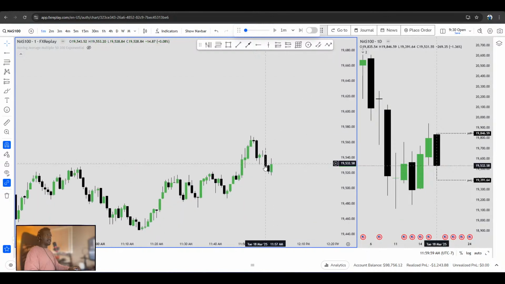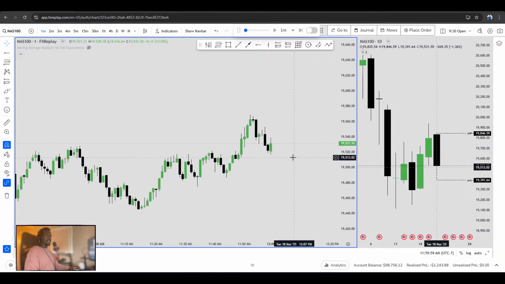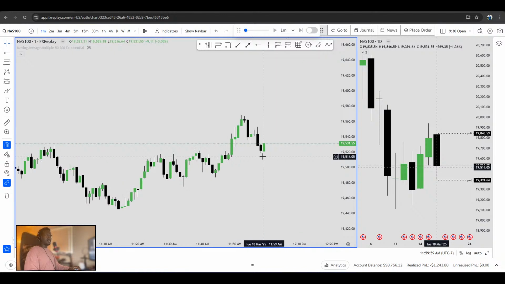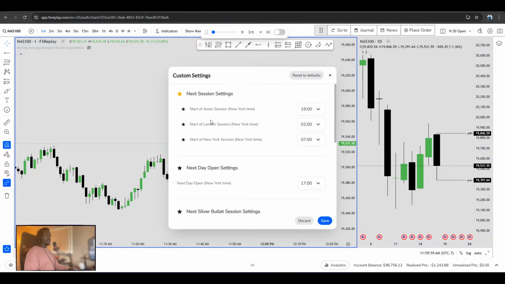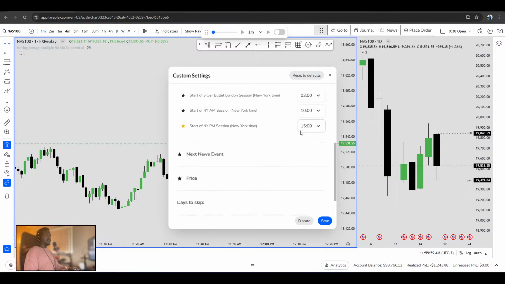And then what time is it? 11:59 a.m. So we're just about to hit that 12 o'clock candle. So when we come here and I hit those, where do we go? Okay, go to custom settings. I have the time that I wanna trade, which is 1500. That is 11, right?